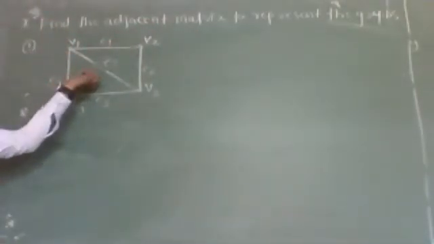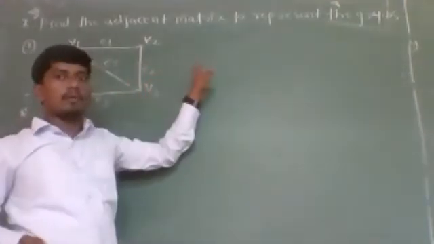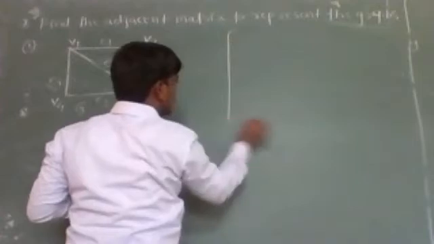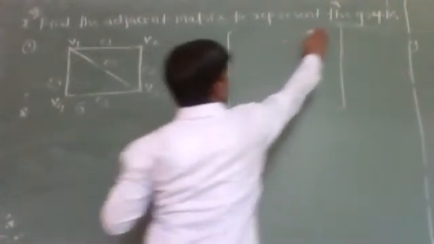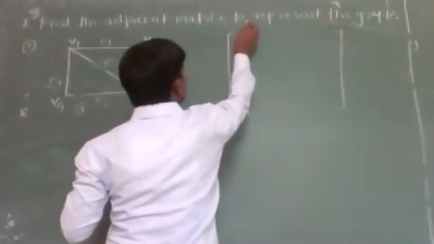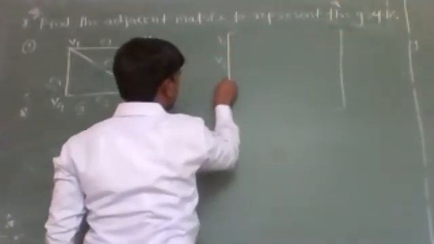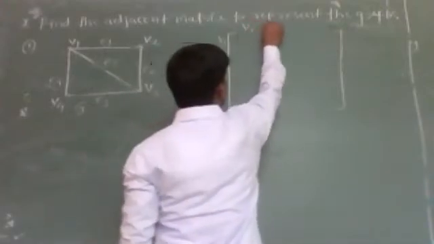We know that in an adjacency matrix there are n rows and n columns, where n is nothing but the number of vertices. Therefore, suppose this one is the adjacency matrix of this graph. It contains 4 vertices, and these are the columns.